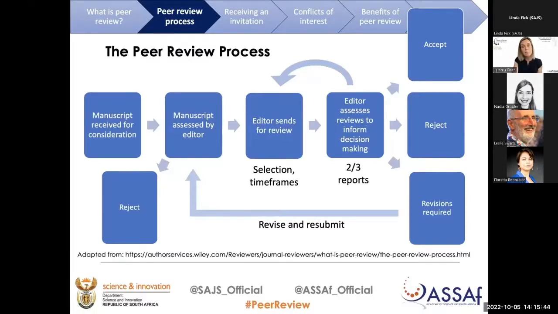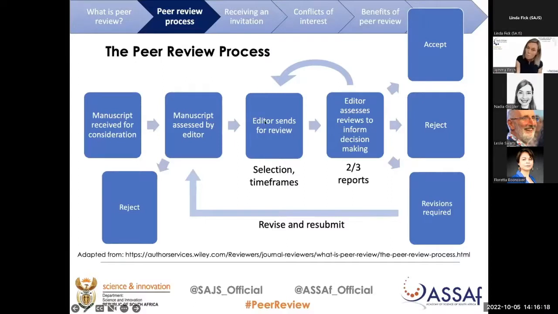Another thing that can happen is that at this stage here, where the editor receives the peer review reports, the editor might see that you have conflicting opinions in those peer review reports. One peer reviewer says, this is fantastic, accept without changes, and the other one says, reject, there's fatal flaws. That's an extreme example, but the point is we do often get conflicting peer review reports. And in that case, it might be necessary to go and secure additional reviews.